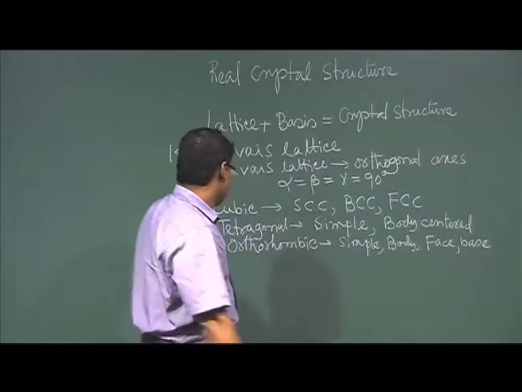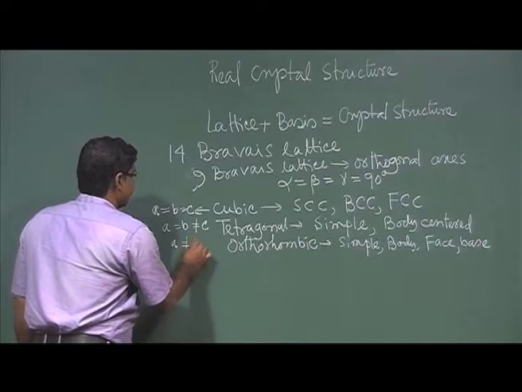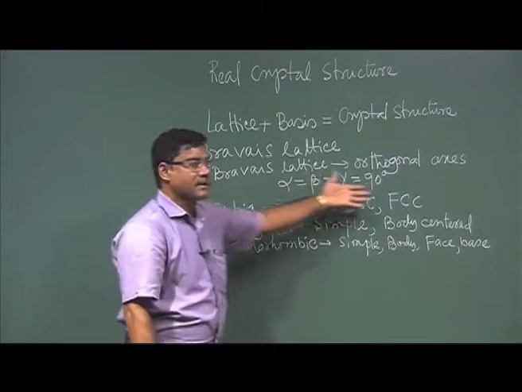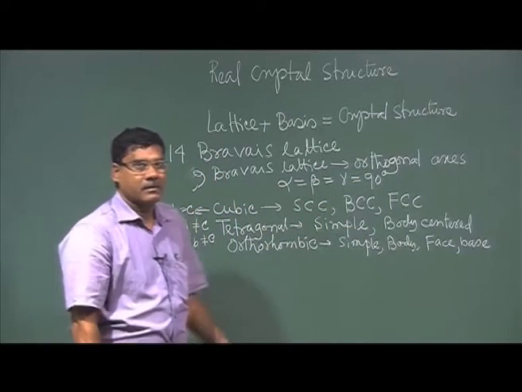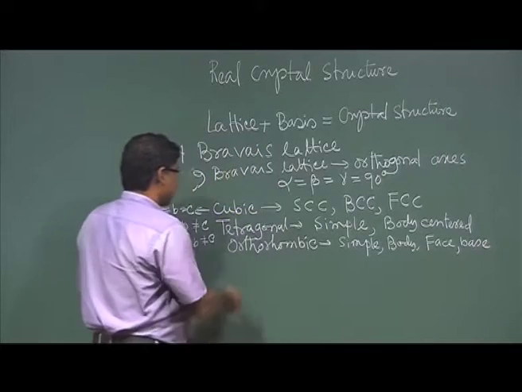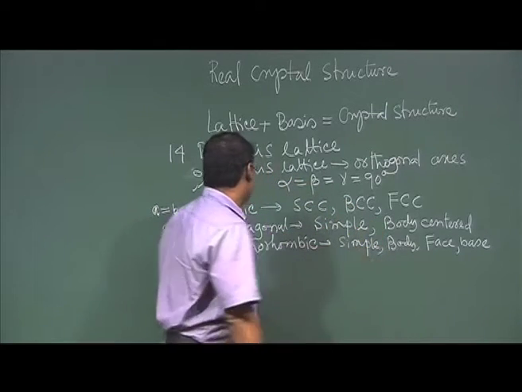So, here A is not equal to B is not equal to C. Okay. So, all angles are 90 degree, but there is a variation of the ABC. So, total is 3 plus 2 plus 4, that is 9.